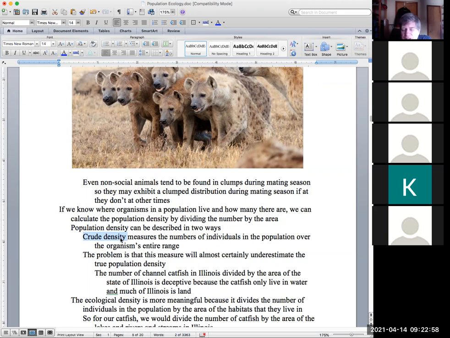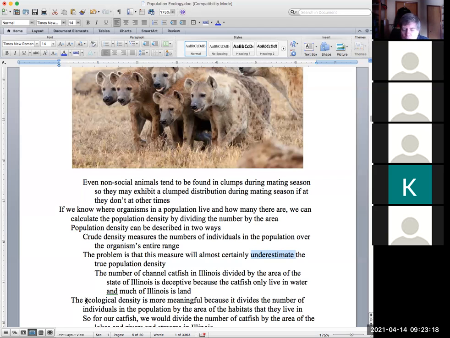So the crude density is a bad estimate because we're thinking of all the land in Indiana while we're talking about a fish. So it's pretty much always going to be an underestimate of the actual population density.